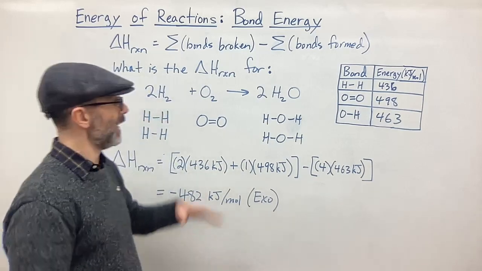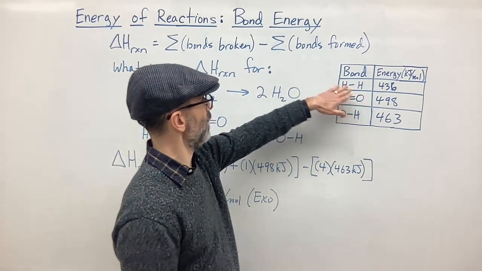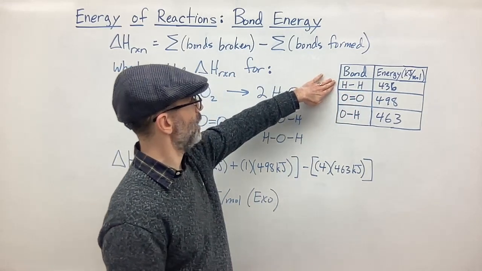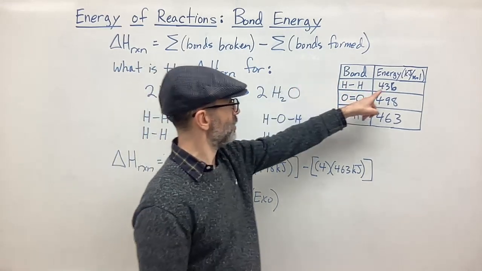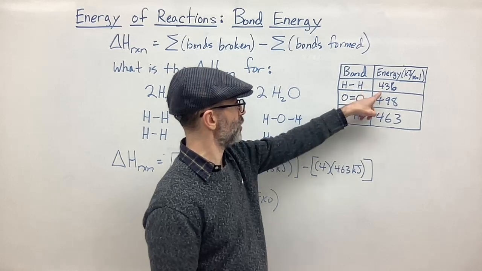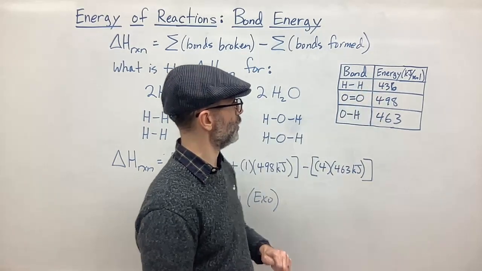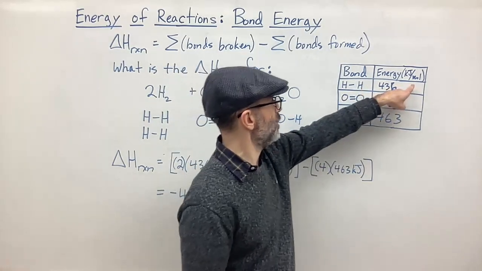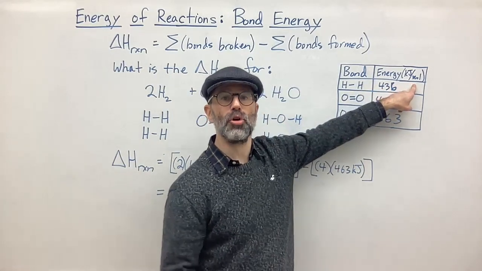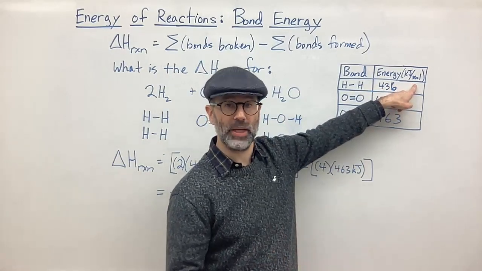If we take our table here, for the hydrogen-hydrogen single bond, the average bond energy is 436 kilojoules per mole. This per mole is per mole of bonds broken.